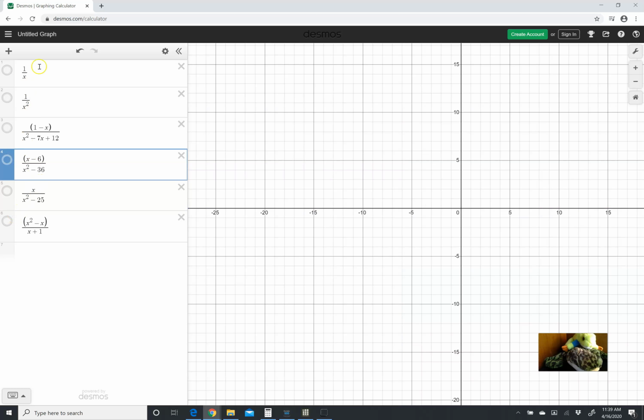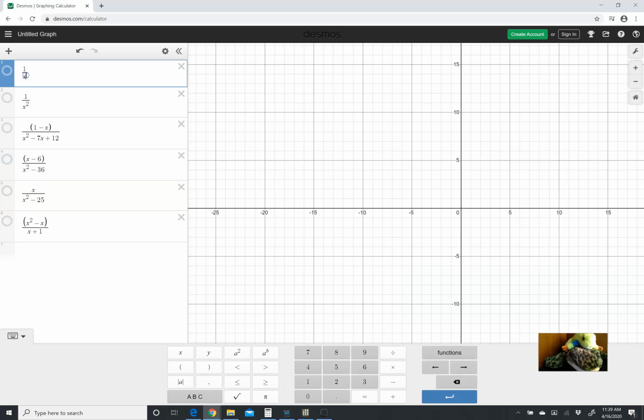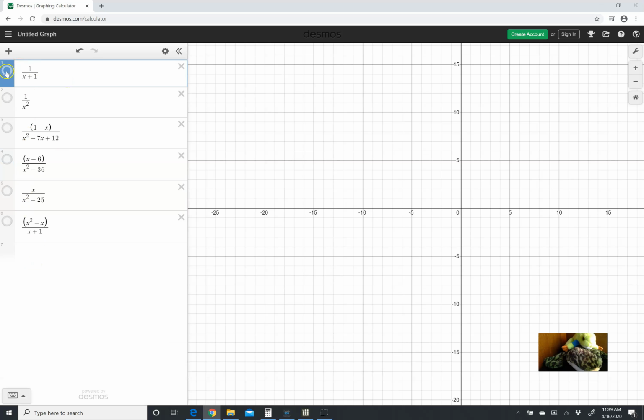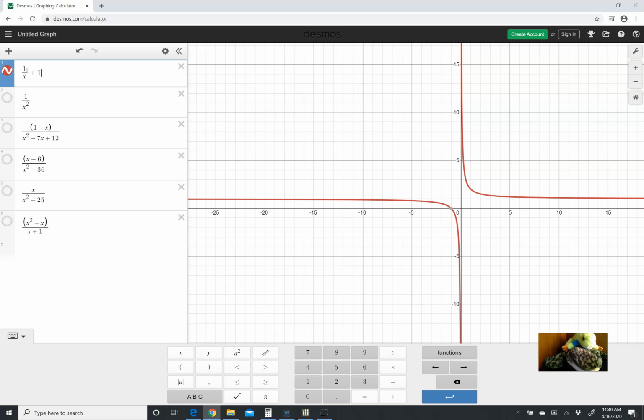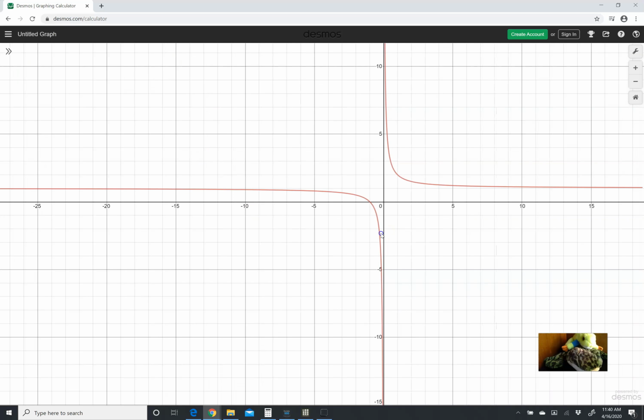I'm gonna add in an x plus 1 here. I'm just going to change the function a little bit so that you can see that you can have something different.